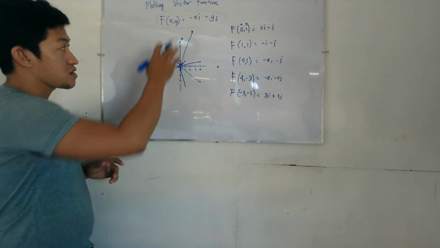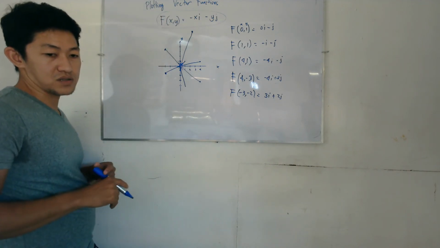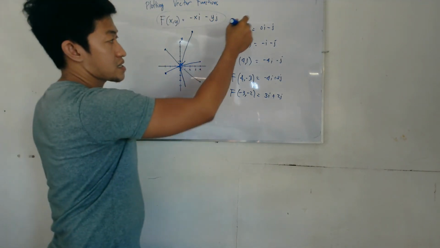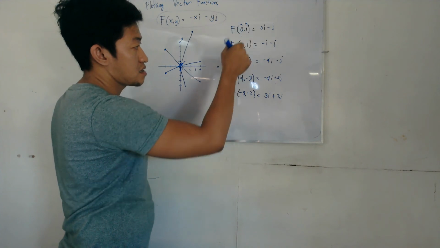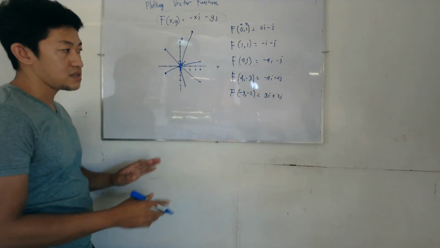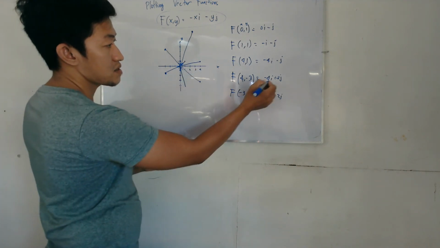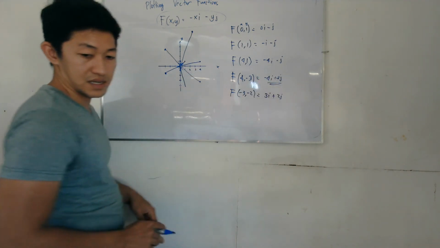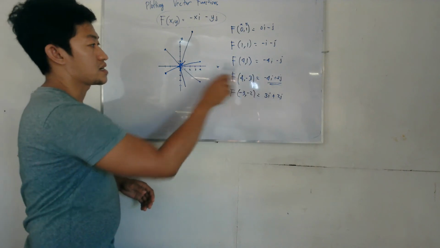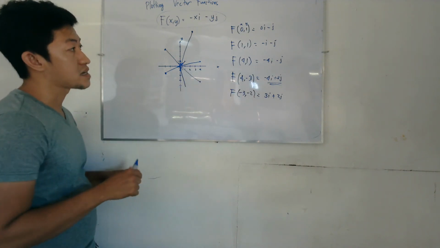So this is how you plot a vector function. You just assign values of x and y, then locate that point in the graph.